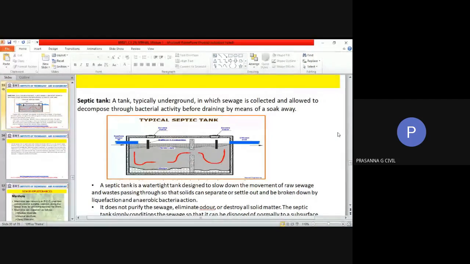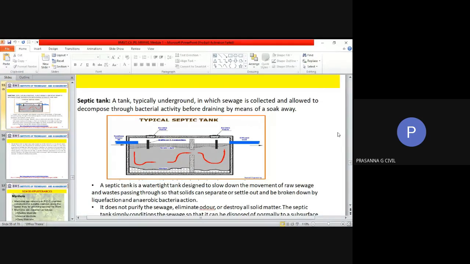The top will be given as an RCC slab, and you will have an opening or access so that somebody can enter the tank for cleaning purposes. The size of the tank is usually based on the number of occupants in the building, and the design features take those into account.